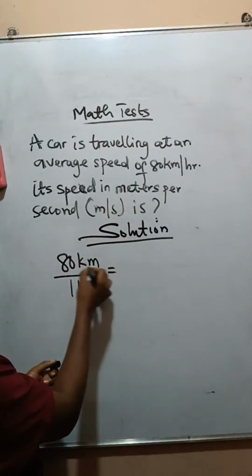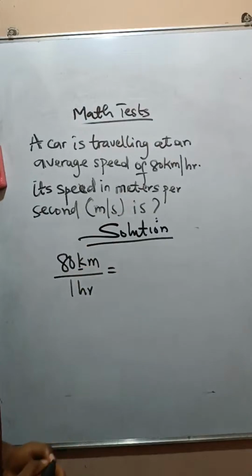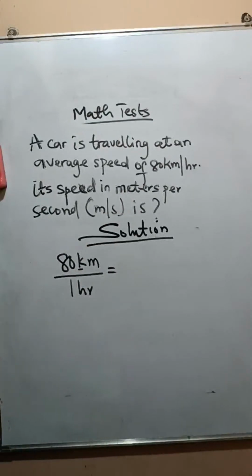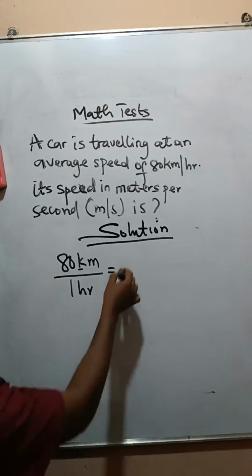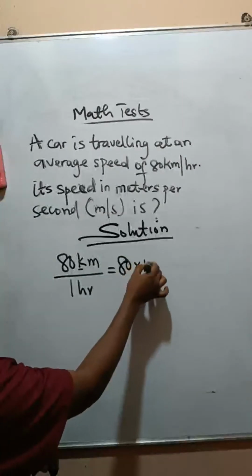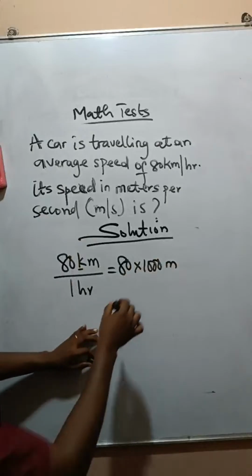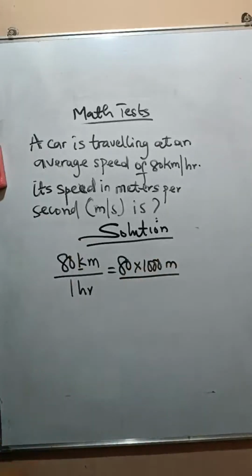So first of all, once you see kilo of anything, it means times 1,000. Okay, kilo of anything is times 1,000. So it means that this is 80 times 1,000 meters. That is the meaning of kilometer. Okay, divided by, now 1 hour, this is easy.